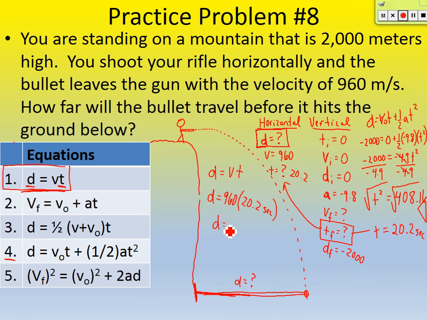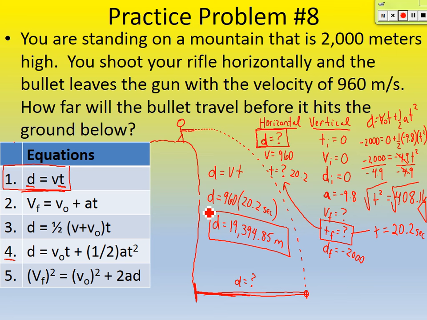And I get the displacement is equal to, let's see, what is that, 19,000? 19,394.85. And is this going to be in meters, guys? Meters. Yeah. Okay. That's a long ways.